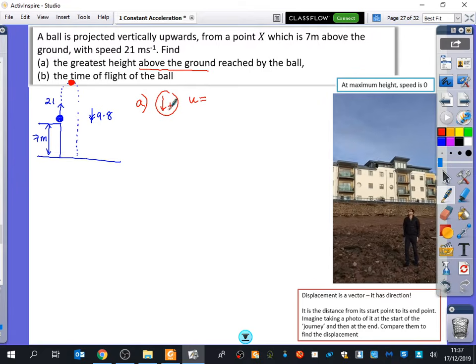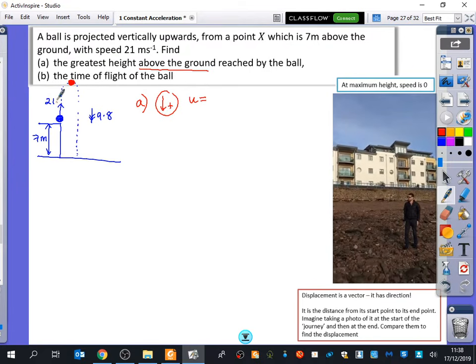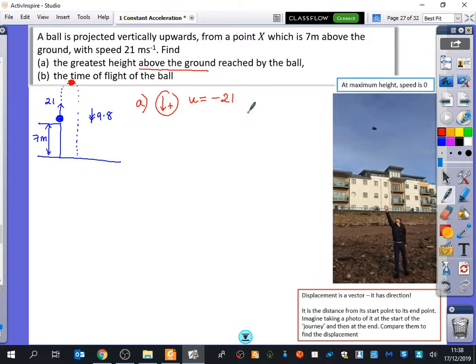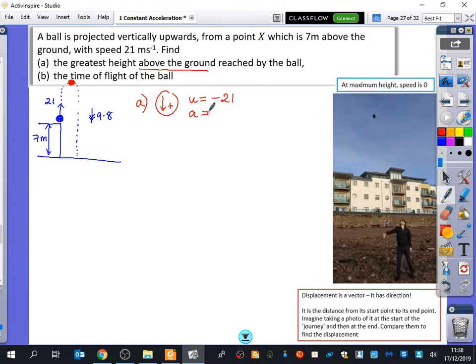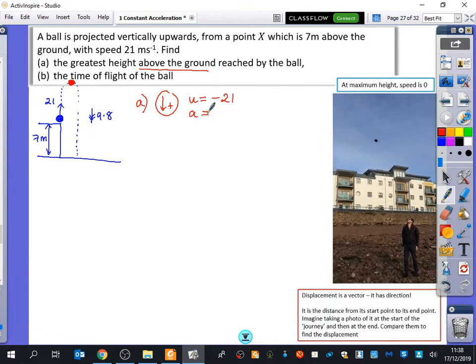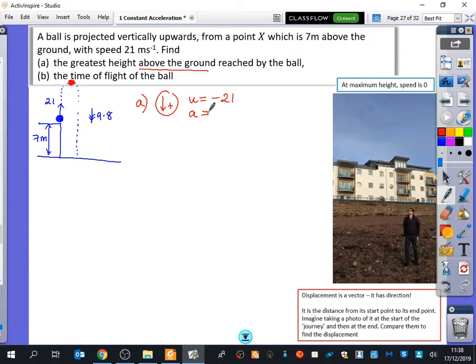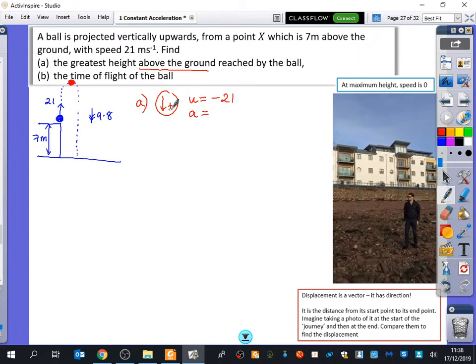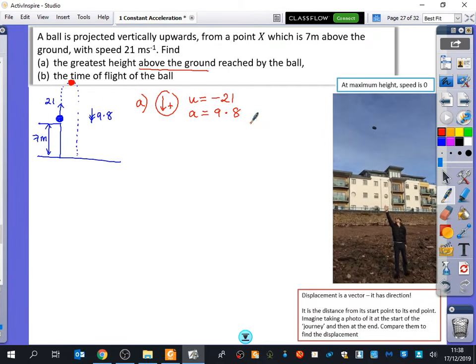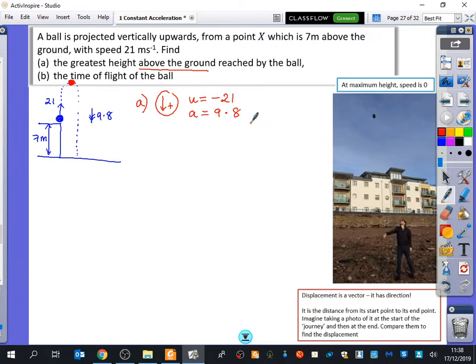Because we've said this is positive, and this is clearly going in the opposite direction to that. So the value of u is minus 21. What's the value of the acceleration? Good. The acceleration is going downwards, which is positive. So the acceleration is 9.8 because it's matching the direction.